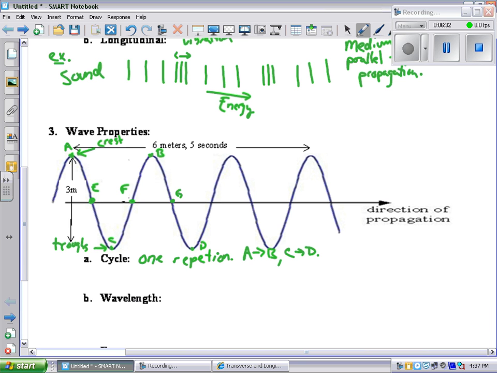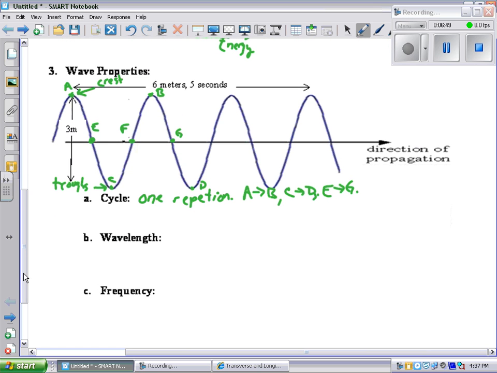It's back at the same height, but it's not going in the same direction. So I have to go all the way to G to get to one cycle. So C to D is one cycle, and E to G is going to be one cycle. Wavelength is the distance for one cycle.